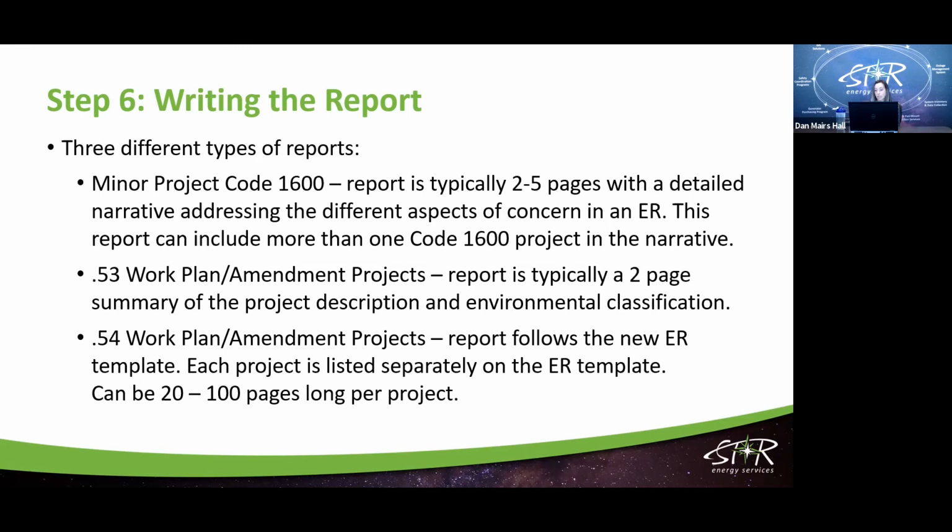We just are not sending off the consultation letters to SHPO and TIPO. If it's a .53 for a work plan or amendment project, it ends up being the same process as the .53 for a 1600. That report is just that brief 2-page summary with the project description and the environmental classification.